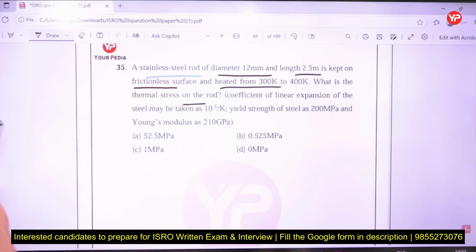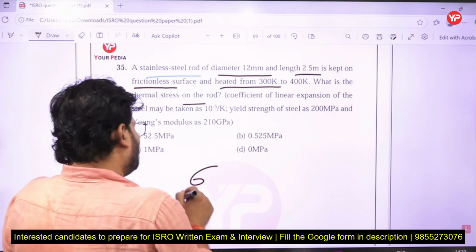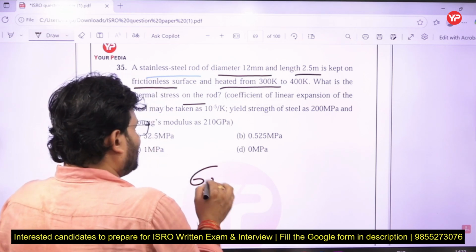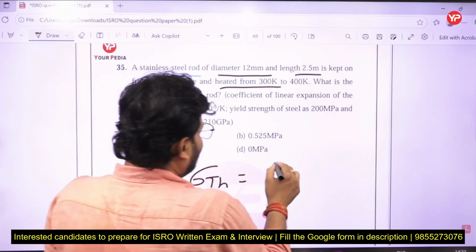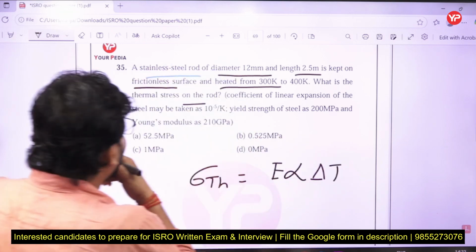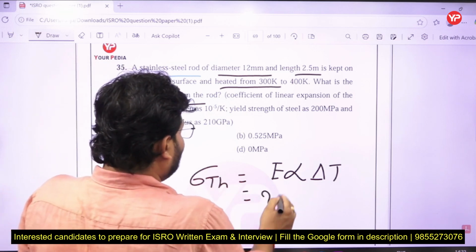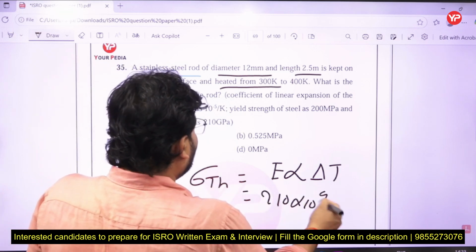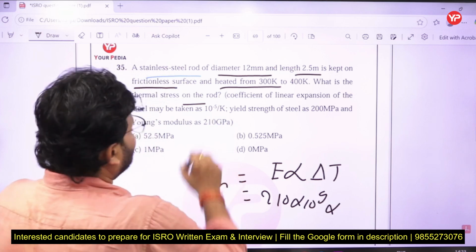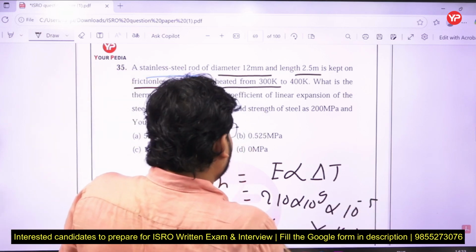Now a student will make a mistake: they will think thermal stress is given by E alpha delta T, and put the value of E, which is given as 210 into 10 to the power 9, alpha as 10 to the power minus 5, and delta T as 100. But my dear friend, that approach is wrong.